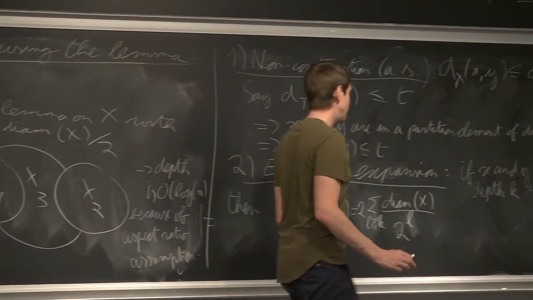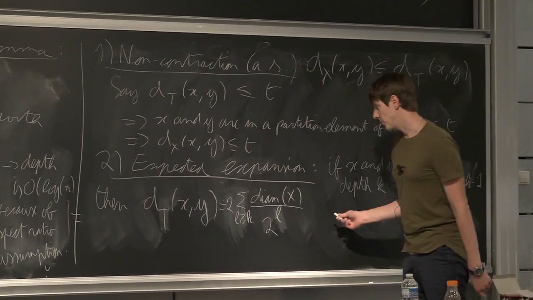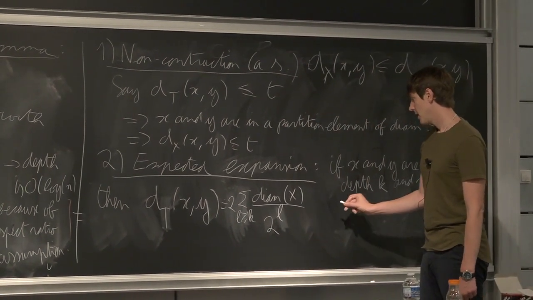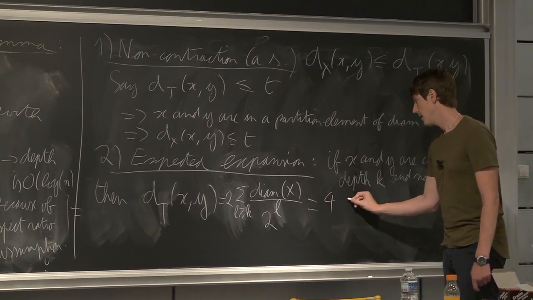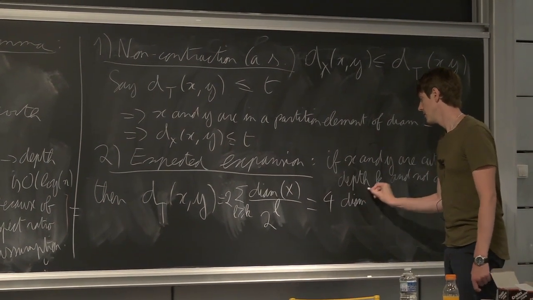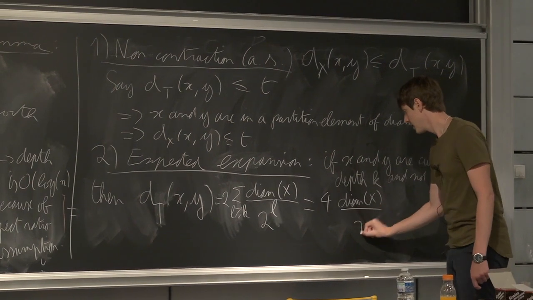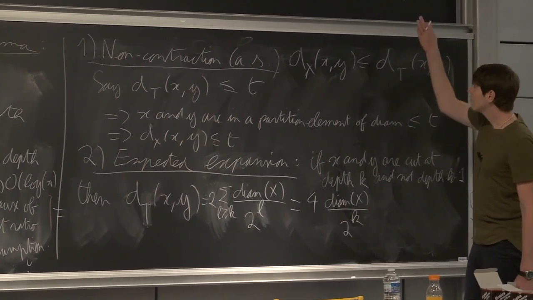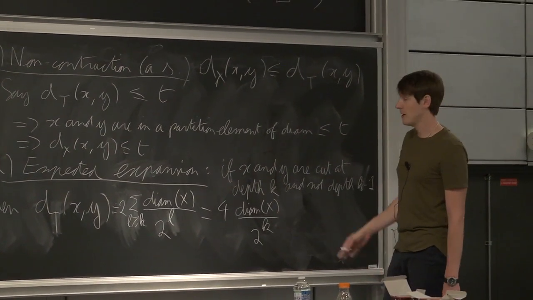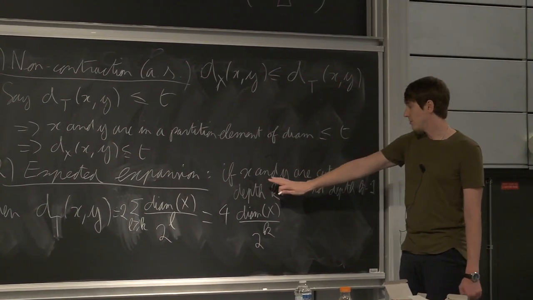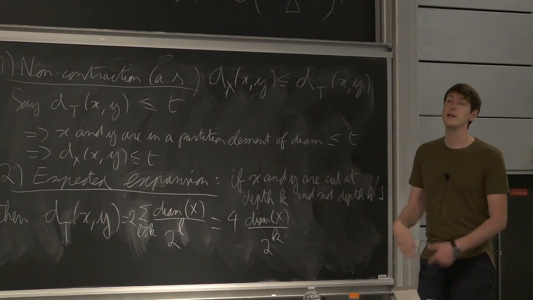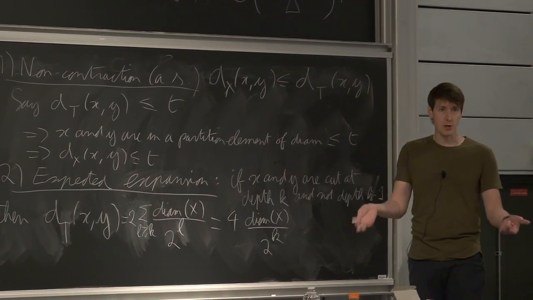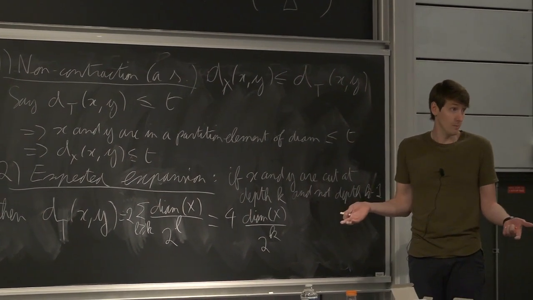I will explain why I was confused. It's very simple. It's very stupid. It's 4 times the diameter of X over 2 to the k. And now, finally, I use this lemma. The probability that they are cut at depth k for the first time is certainly smaller than the probability that they are cut at depth k at all.